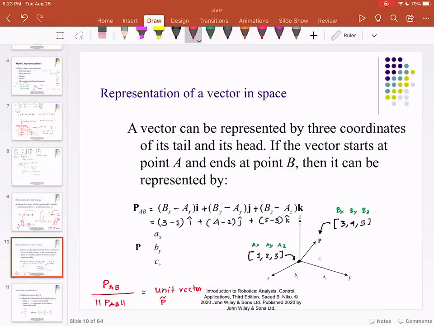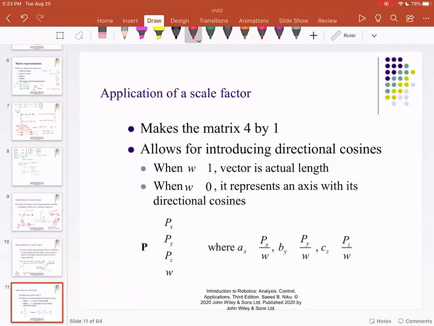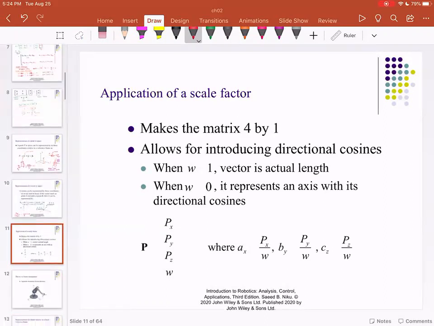So this indicates the direction. And that's what he is saying about the scale factor. If your scale factor is equal to the magnitude, you have a unit vector. But sometimes what you want to do is have a scale factor which would magnify the amplitude of the vector. So you can have a scale factor which is different.